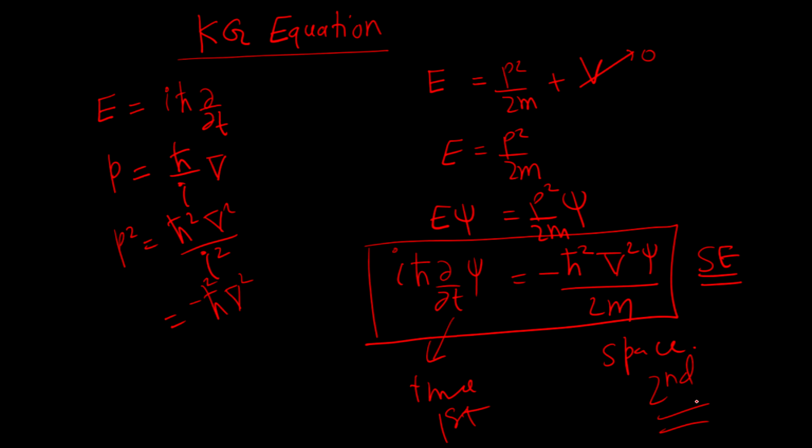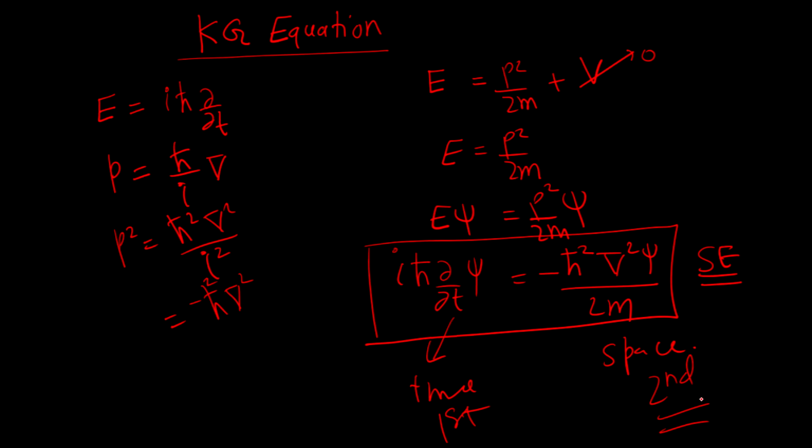Okay, so there was a need for an equation like the Schrodinger equation in relativistic quantum mechanics, basically in the relativistic domain, a relativistic Schrodinger equation, and for that many physicists came.